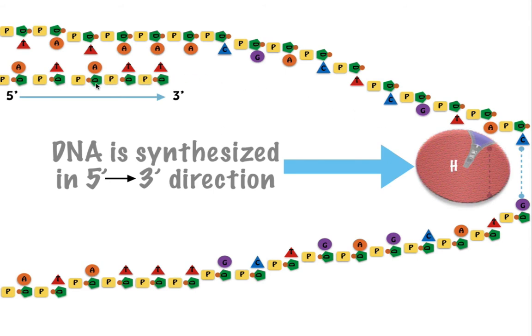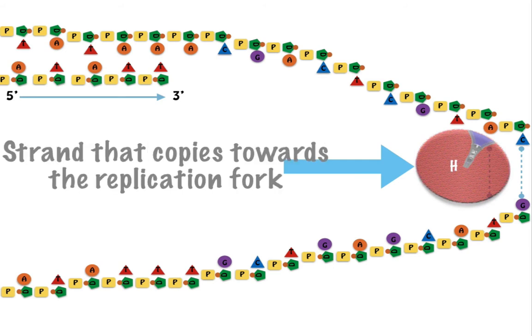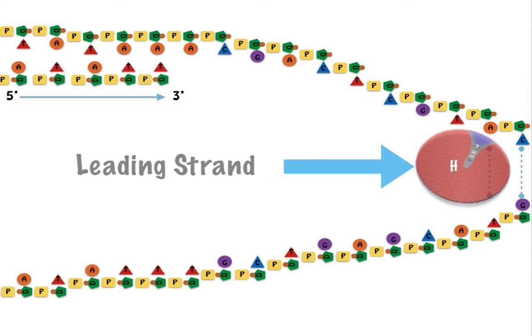It lays down DNA nucleotides from 5' to 3' direction. Remember, here's my 5', and then leading down at the end is my 3'. And it copies towards the replication fork. And this is a continuous replication. Okay, that's my leading strand.